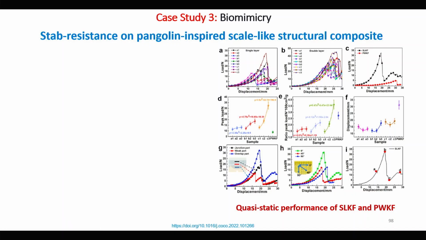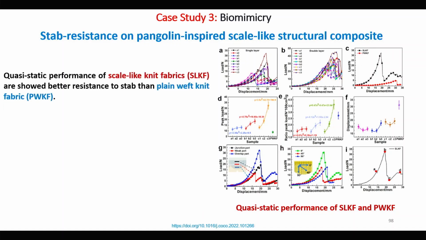Now, let us see the characteristics here. In quasi-static performance, scale like knit fabric SLKF showed better stab resistance than plain weft knitted fabric. You can see here this is the load, and the black one is the scale like fabric and the red one is the plain weft knitted fabric.